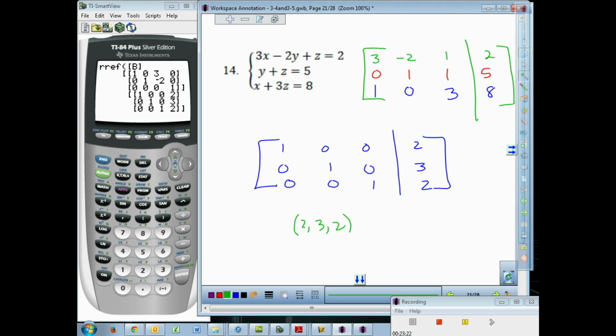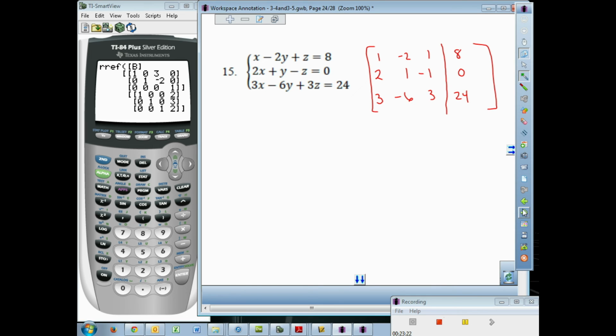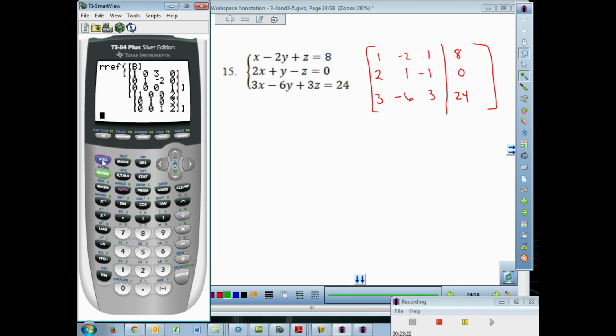Cool, and then we're good at classifying. Let's save time because we're running low on time. Next ones get messy. We good? Let's go to 15. It's also a 3 by 4, so I can edit it up.